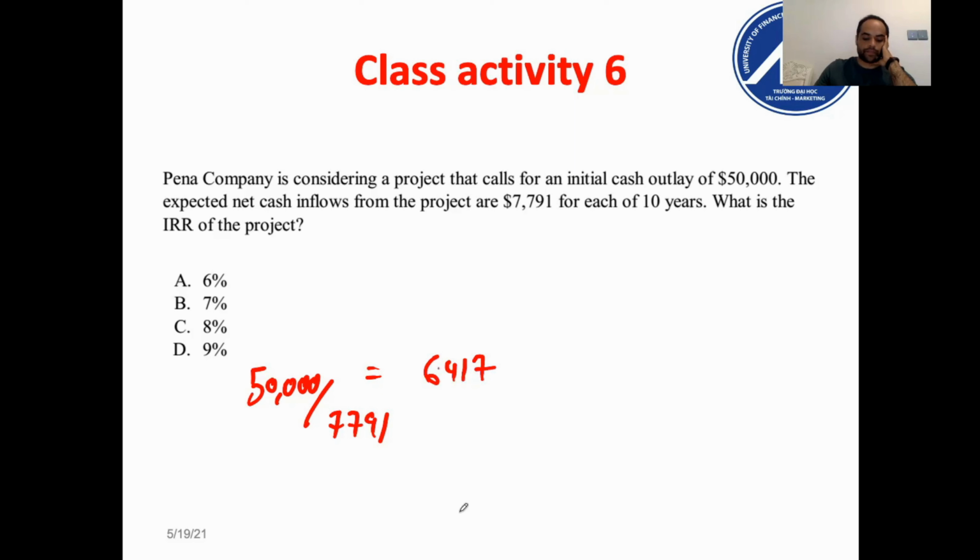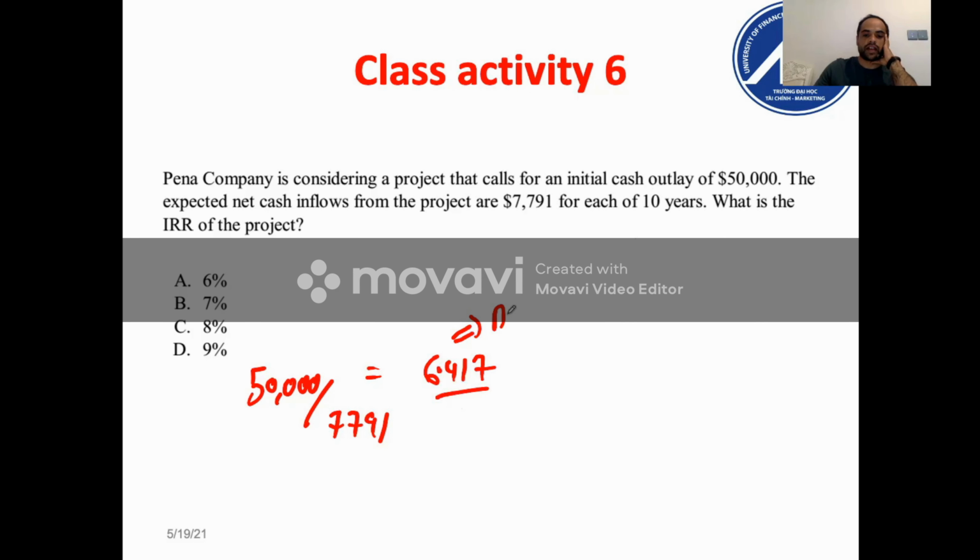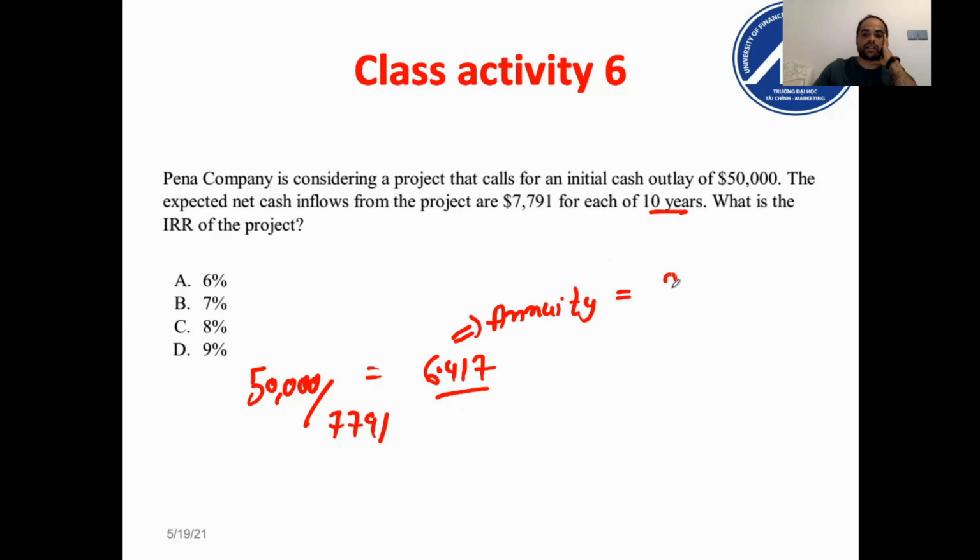Yes, 6 point 417. Now with this value, obviously you will go to your annuity table. Time is 10. If you go to annuity, time is 10, you will find approximately 6.417 for 10 years.